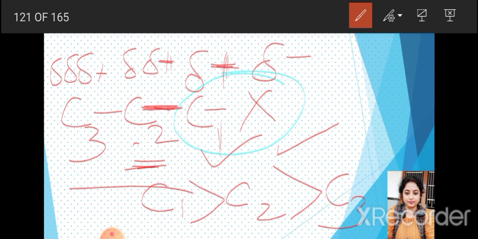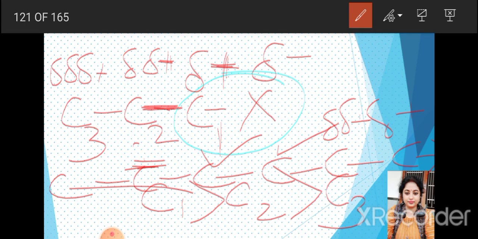Okay, it means if your chain is very long, C, C, C, C, C, C, then X, this inductive effect remains only till a few carbons. It is not that every carbon will be charged positive. It moves on to 3 or 4 carbons.